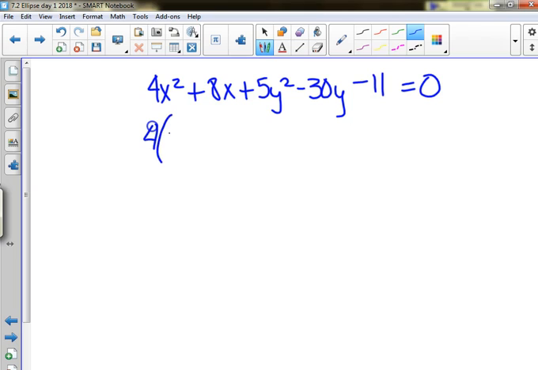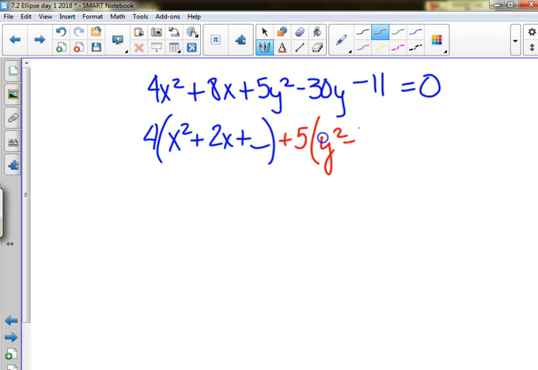So 4x squared plus what? 2x plus blank. All right. Then the y's, I'll take out a 5 and get what? y squared minus 6y plus blank equals, don't make an easy mistake. Sometimes somebody puts a negative 11 over there. To move it over, we've got to add 11, right?